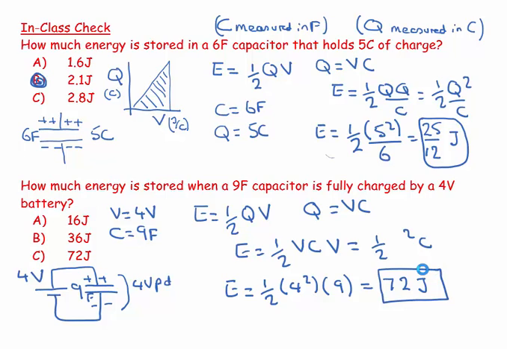So two different types of questions. You've got 3 parameters, potentially 3 different unknowns, so you need different equations, and you have a choice. You can either learn 3 versions of the energy equation, or you learn one of the energy equations and you remember that Q equals CV.